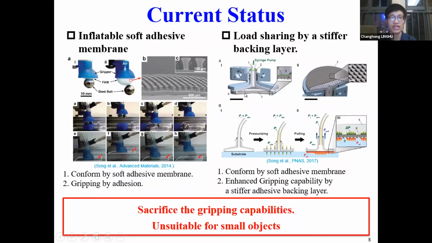But they come at the cost of adhesion strength and also cannot handle small objects, especially when alignment accuracy is required, such as in the assembly of flexible electronics or micro LED chips.